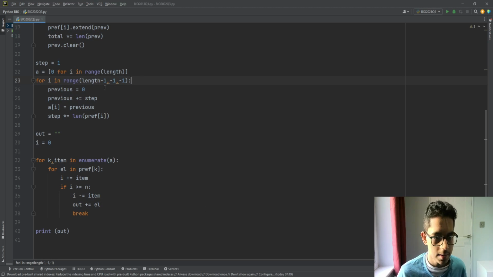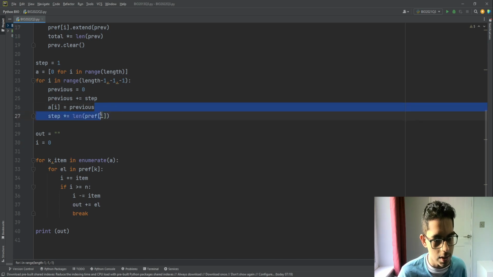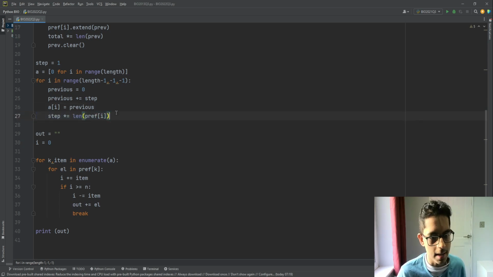So we iterate backwards, and now what we do is basically the step equals step times the length of the previous element, the pref. So what this does is for the next iteration, we have our step as the blocks in which we can basically choose from.